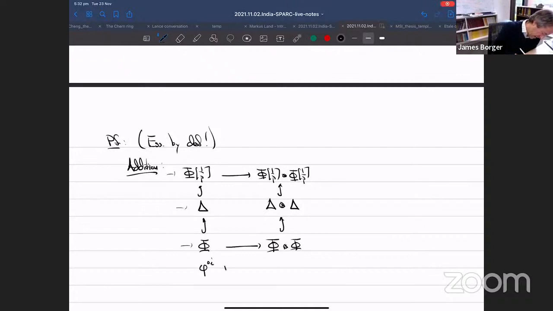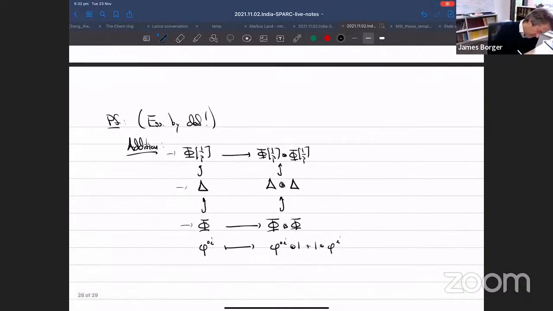You take the ith generator and you just send it to this, which is kind of formally meant to encode the fact that phi composed with itself i times of x plus y is equal to phi i of x times 1 plus 1 times phi composed with i of y.